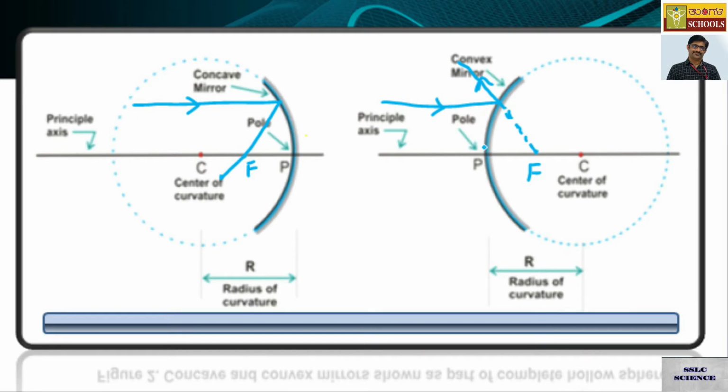I repeat once again, the principal focus is where a line parallel to the principal axis, after reflection, passes through a point on the principal axis. Such a point is known as the focal point, or you may call it the principal focus. And in the convex case it appears to come from that point. That is also the principal focus or focal point F.